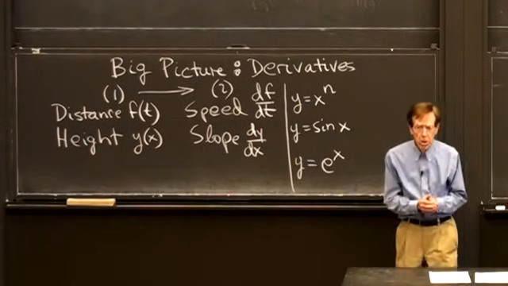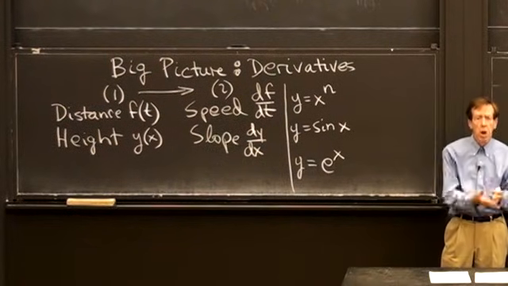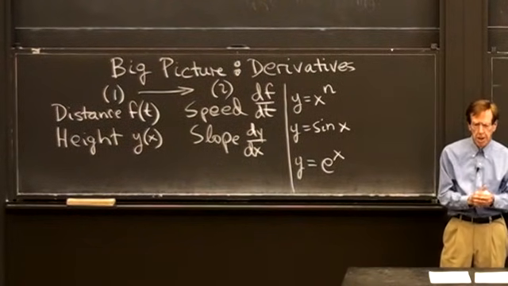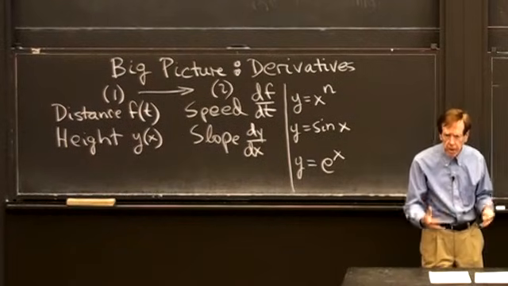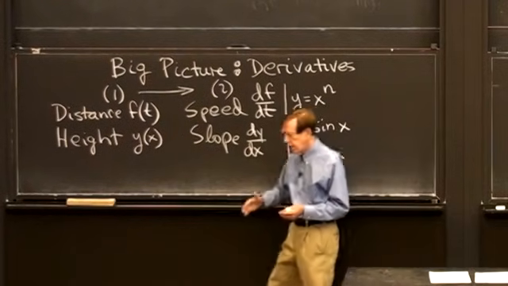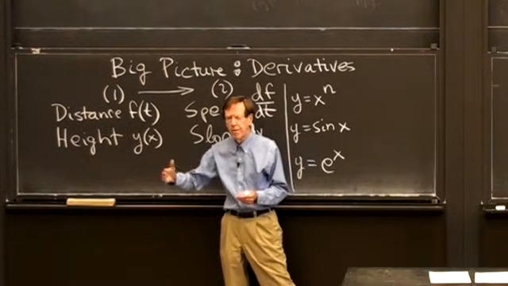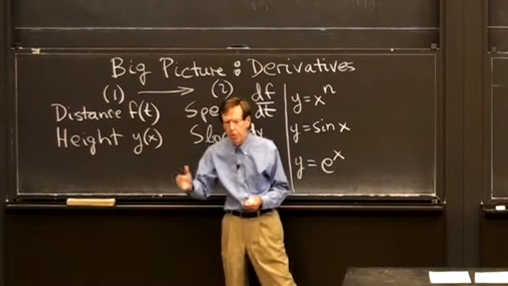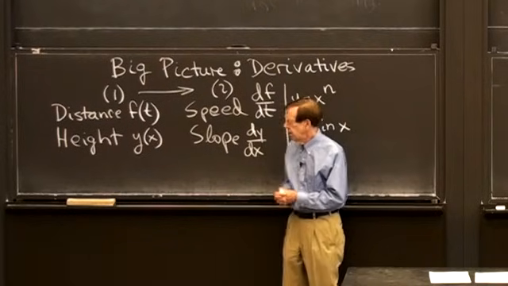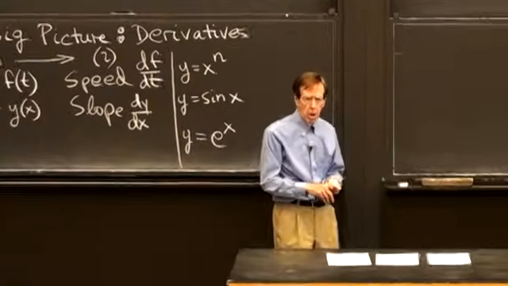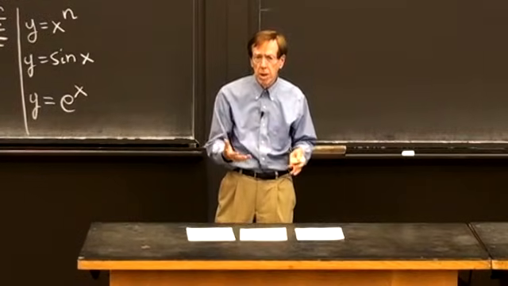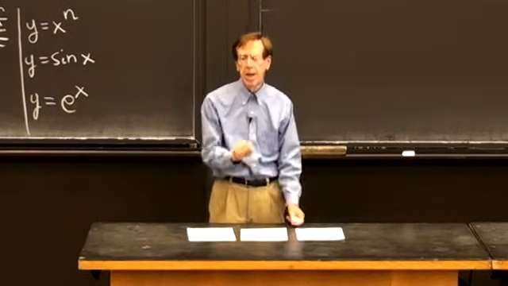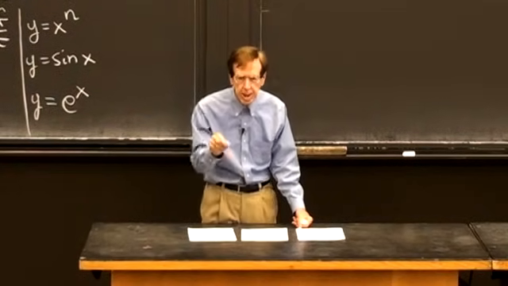Or your car has two recorders. One records the distance, the height, the total amount achieved up to that moment, up to that time t or that point x. The second recorder would tell you at every instant what the speed is. So it would tell you the speed at all times.